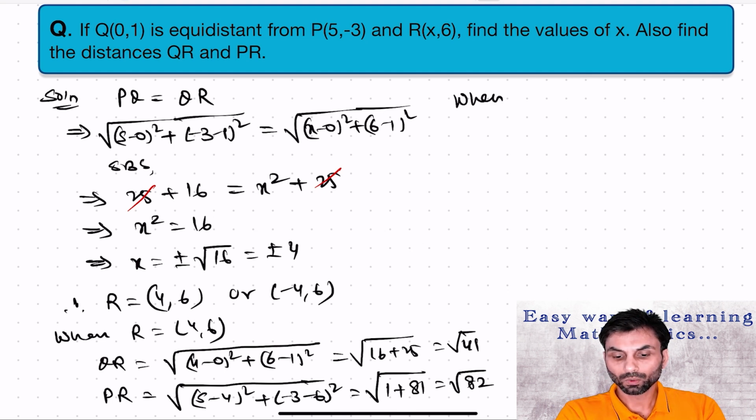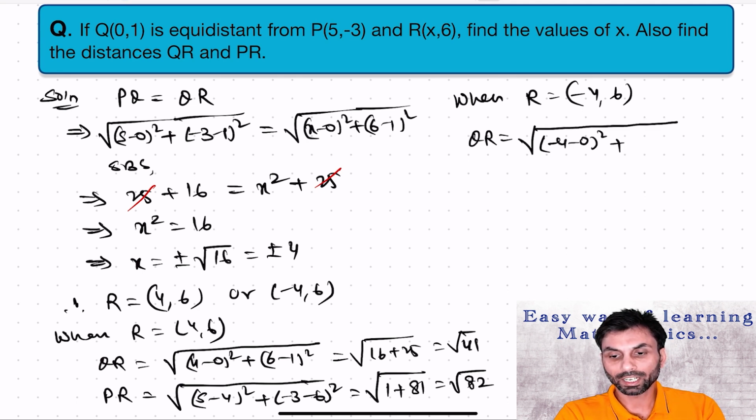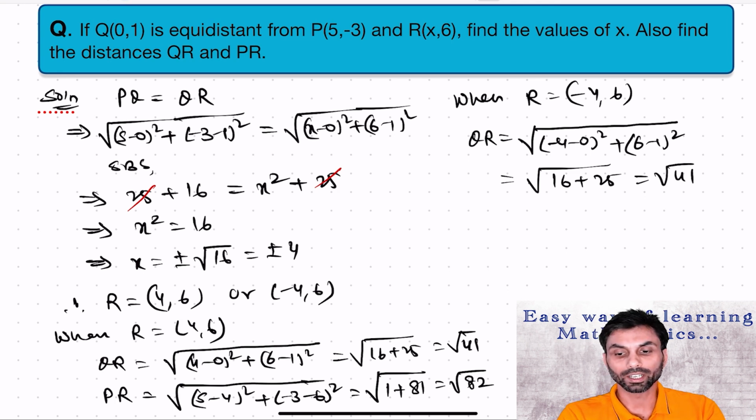Next one is when R is (-4, 6), then the distance QR will be equal to (-4 minus 0) whole square plus (6 minus 1) square, which will be -4 minus 0 is -4, square is 16, plus 6 minus 1, 5 square is 25, it will become root 41.